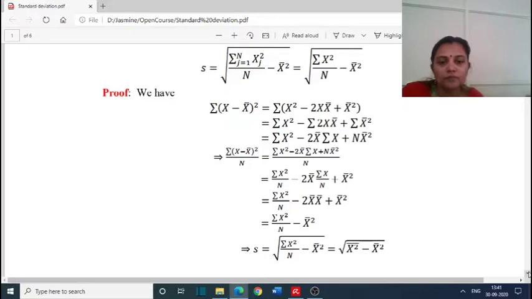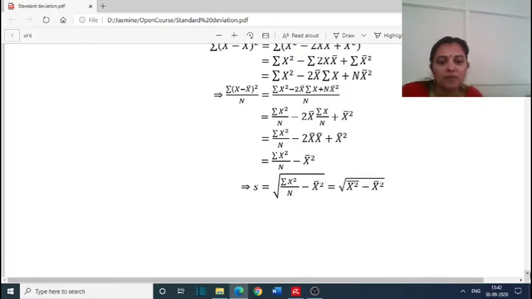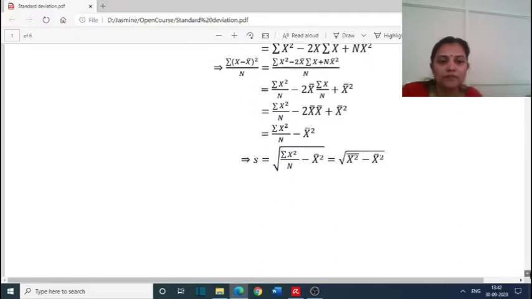Now sigma x by n is also x bar, so 2x bar times x bar is 2x bar square. Minus 2x bar square plus x bar square is minus x bar square. So sigma x square by n minus x bar square, which implies s is equal to the square root of sigma x square by n minus x bar square, which is equal to the square root of x square whole bar minus x bar square.